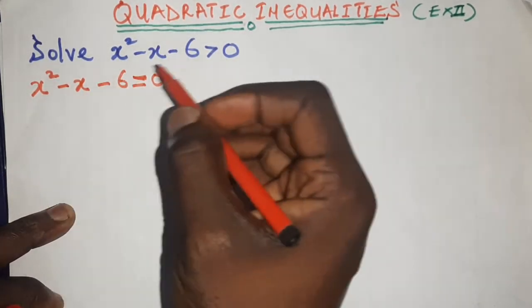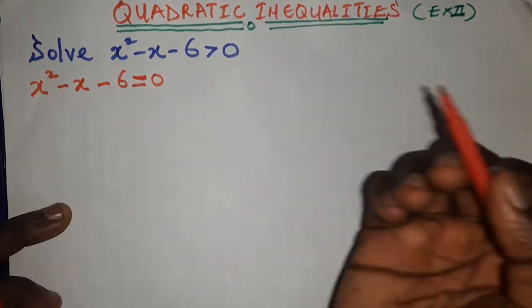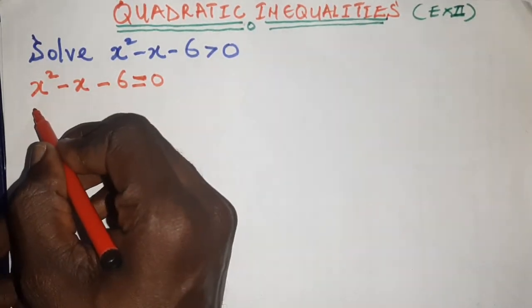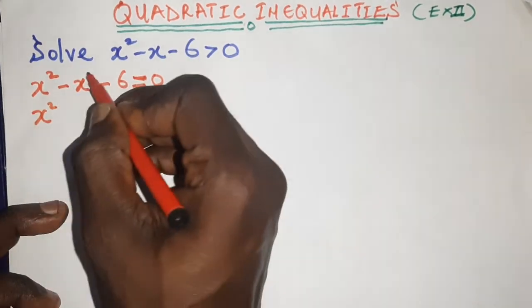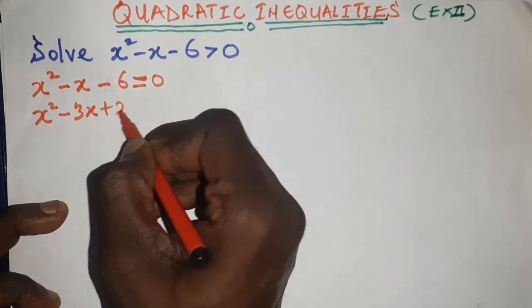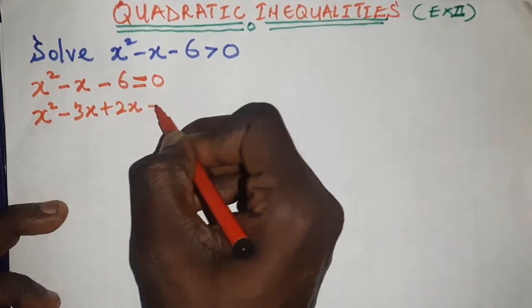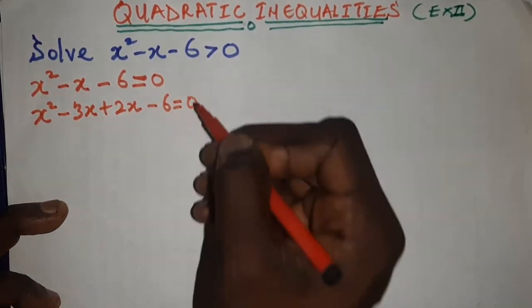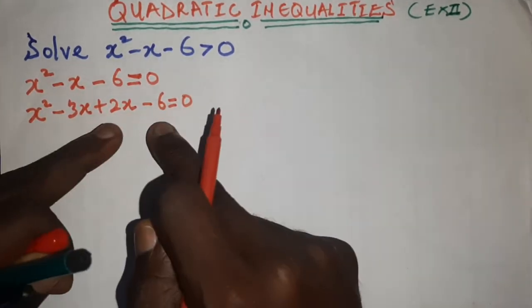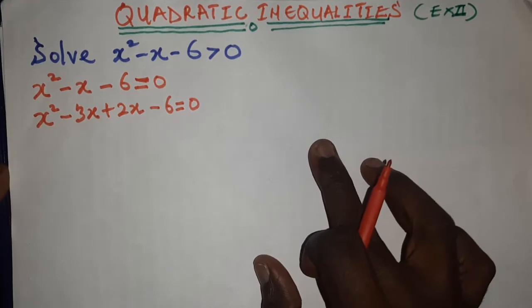Then you solve by, you could use the factorization method to make our work very easy. So we just have x squared, then replacing minus x with minus 3x plus 2x, then continue with your minus 6, then equals 0. Then you now factorize, you pick them in twos, you pick these two values and these two values and find their common factors.